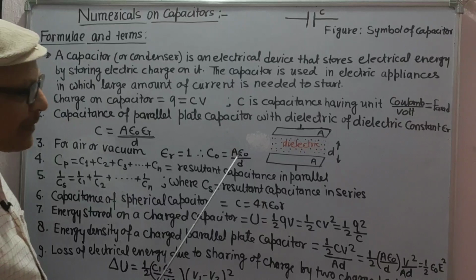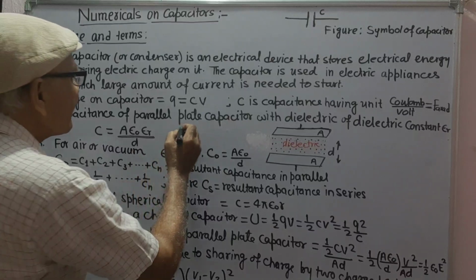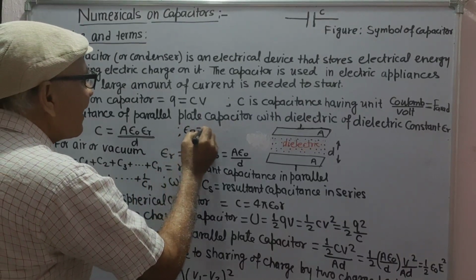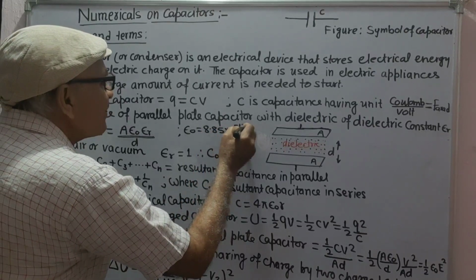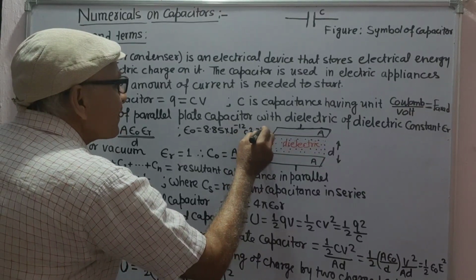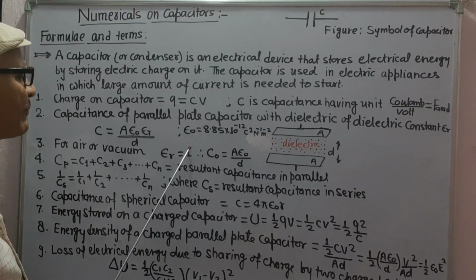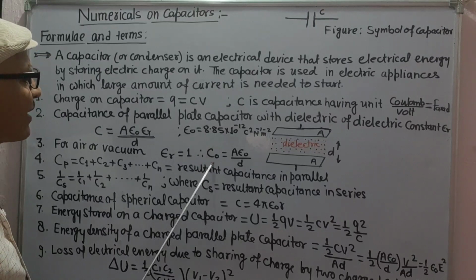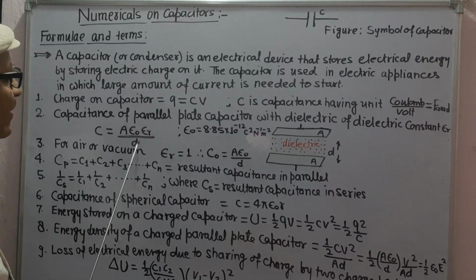Epsilon naught is the permittivity of air or vacuum, which has value 8.85 into 10 to minus 12 Coulomb square per Newton per meter square. For air or vacuum, dielectric constant epsilon r, which is sometimes also denoted by capital K, is equal to 1. Therefore, the capacitance of a parallel plate air capacitor becomes A epsilon naught upon D.